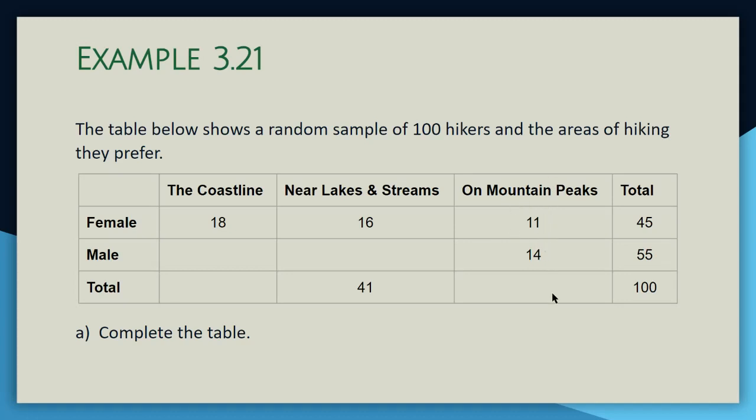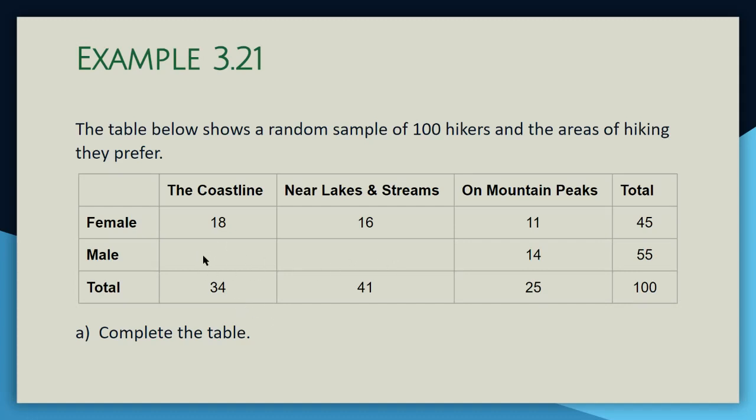Now I can add downward. On mountain peaks, 11 plus 14 is 25. And then along that bottom total row, now I can fill in that missing box. I know that missing box plus 41 plus 25 is 100, so that missing chunk must be 34.